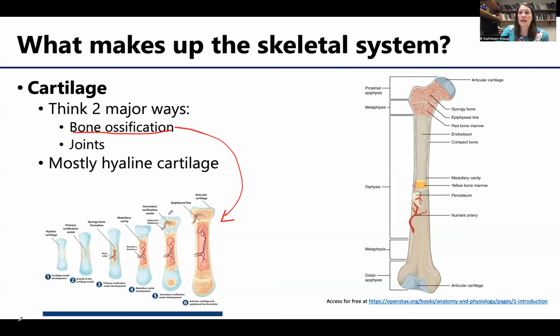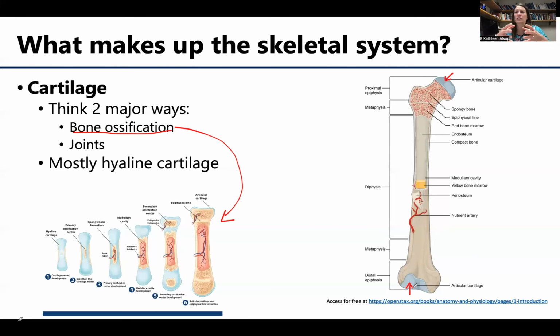The other major way that cartilage plays a role in the skeletal system is through joints. And either the cartilage is the actual connective tissue that is joining or articulating the bones, and that's in the cases of cartilaginous joints, and we'll talk about those specifics in an upcoming session, or cartilage will cover the ends of long bones.